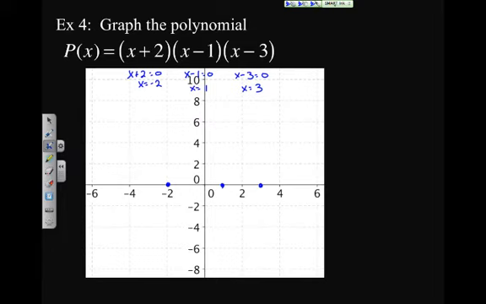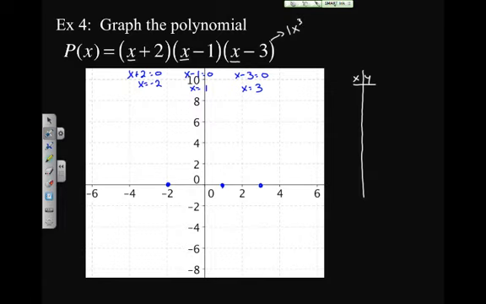Next, we want to make a quick t-chart. So let's put some values in between here. Oh wait, I skipped a step. We want to talk about the end behavior. Well, if we look at this, x times x times x is going to give us the leading coefficient, and x times x times x would give us 1x cubed.